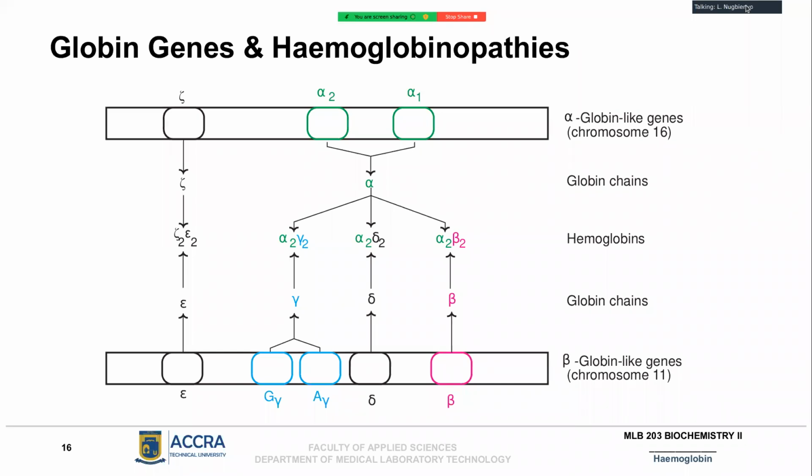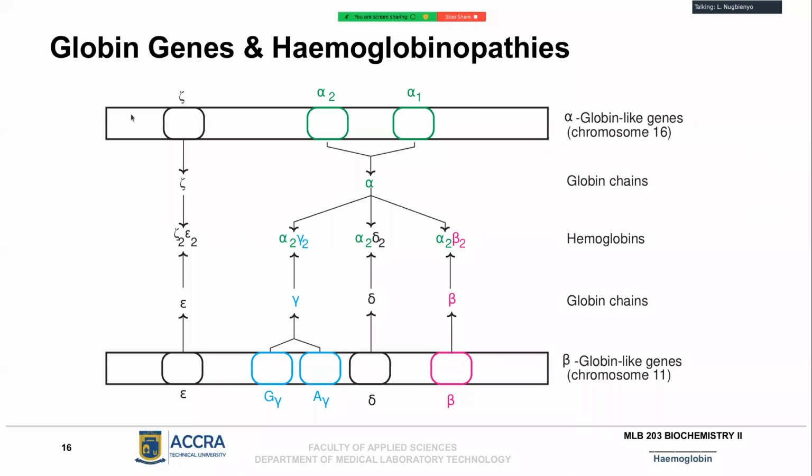So what we have here, the top here, is referring to the genes that are responsible for the alpha globins. Remember, we said the hemoglobin is made up of the alpha globins. These are proteins that are bound to the prosthetic part, which is the heme.